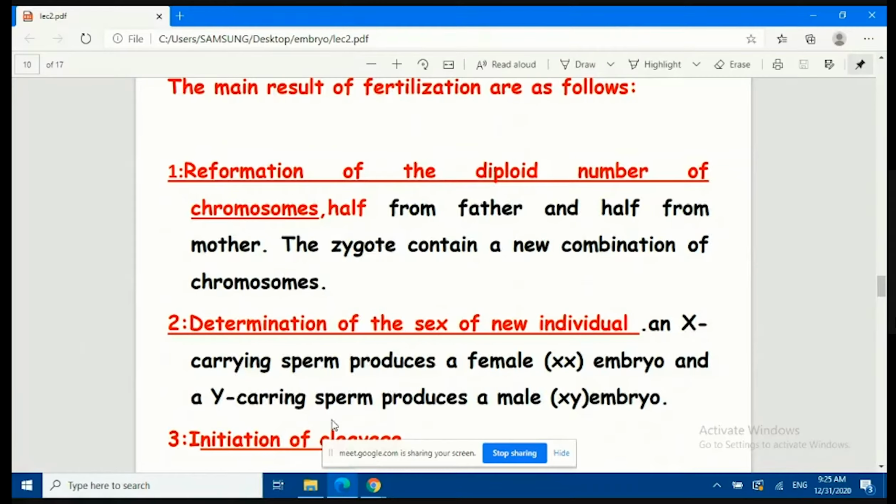So half from father and half from mother, and the zygote contains a new combination of chromosomes.